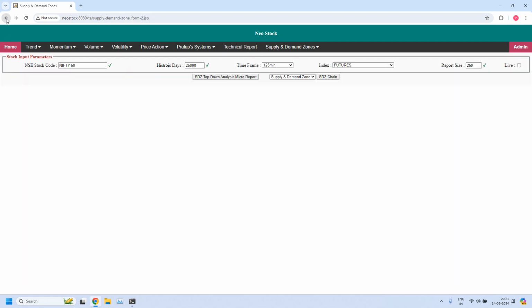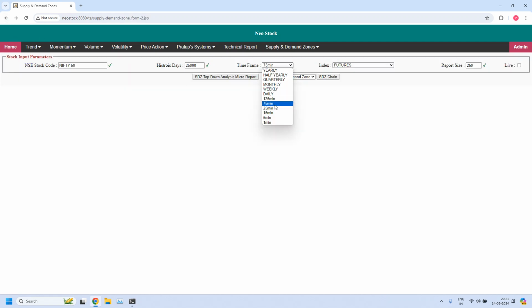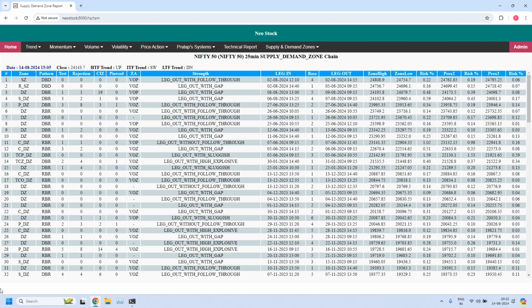The next time frame is 75 minutes. I am generating 75 minutes supply demand zone chain for Nifty. The next time frame is 25 minutes. I am generating supply demand zone chain for Nifty, 25 minutes supply demand zone chain.